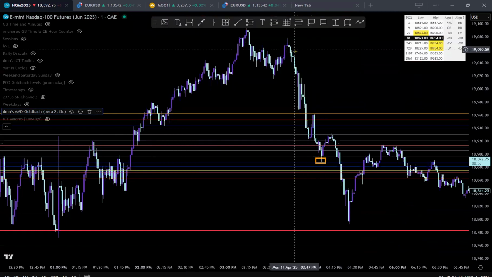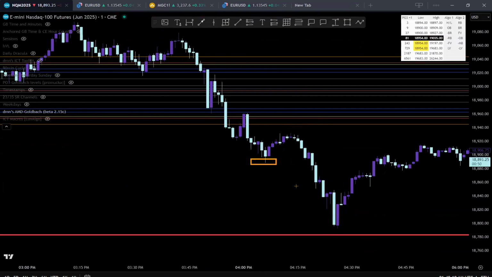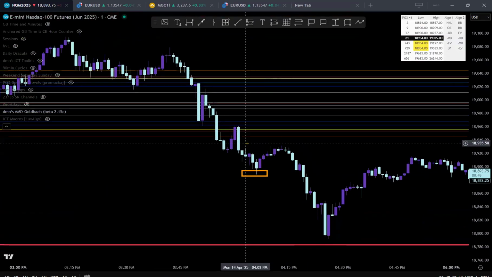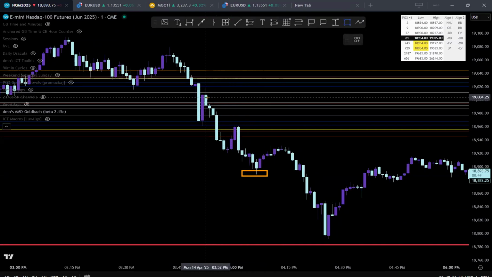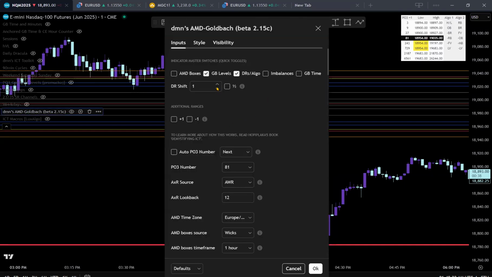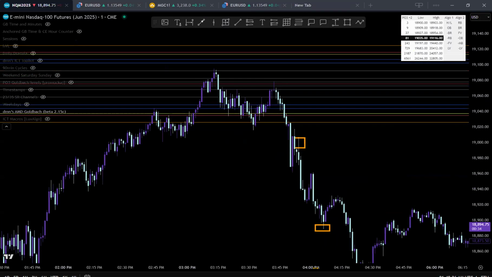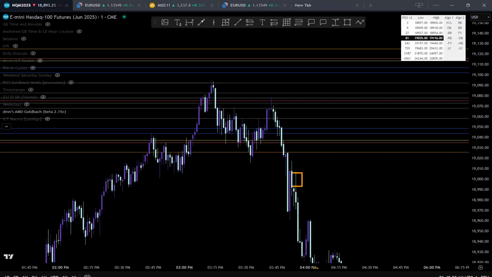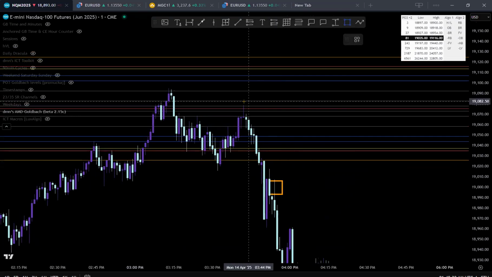So I want you to see these mitigation block levels. I'll show you how we do this. So notice the vibe, all right? Mitigation block level. And then let's check the one above too. Oh, you see my point, man.